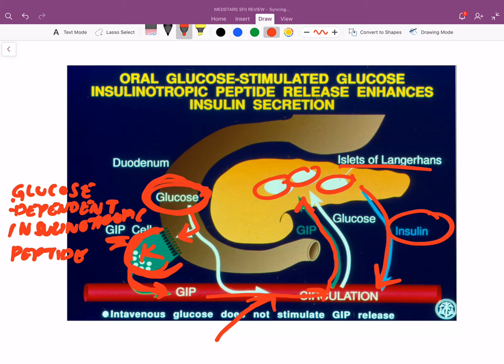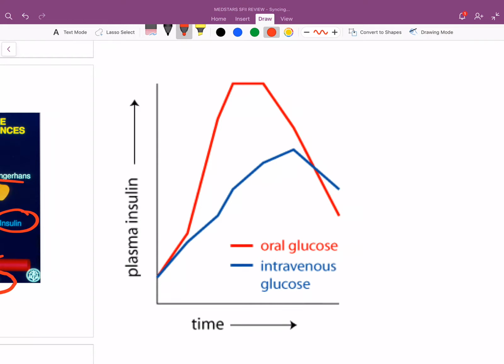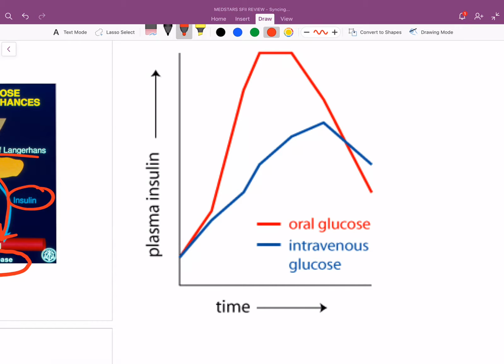Now you still get some insulin release with IV glucose, but it doesn't compare at all to the amount of insulin you get when you give oral glucose. And that's what this statement actually says on the bottom of this slide, that IV glucose does not stimulate GIP release. So what does that look like? Here's a really good graph that shows it. This is from WashU.